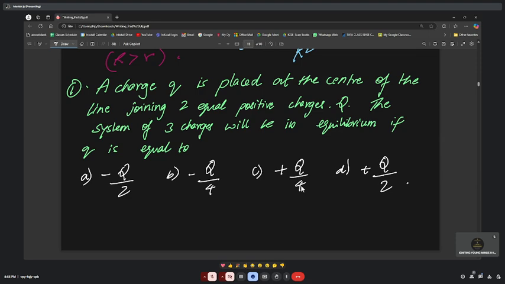You have to illustrate it as soon as possible and then solve it. Just try it out.